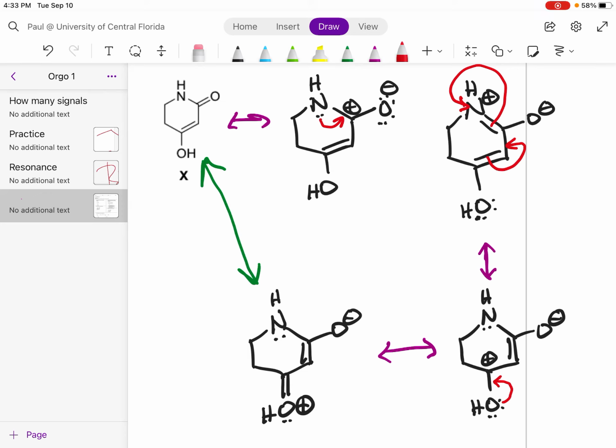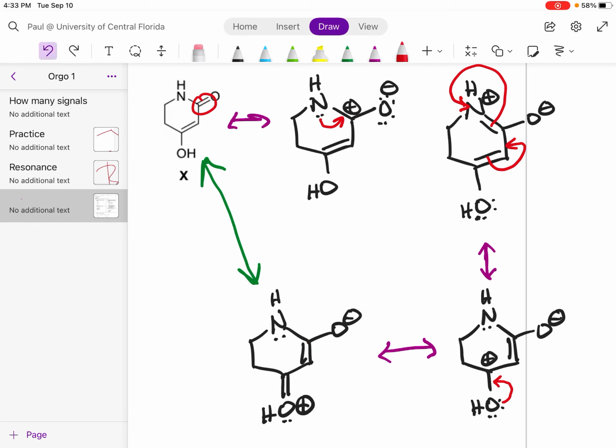Well, we see that we have a double bond there, and there's single there. We also see that there's a double bond there, but now it's single there. We also see double bond there, single bond there.